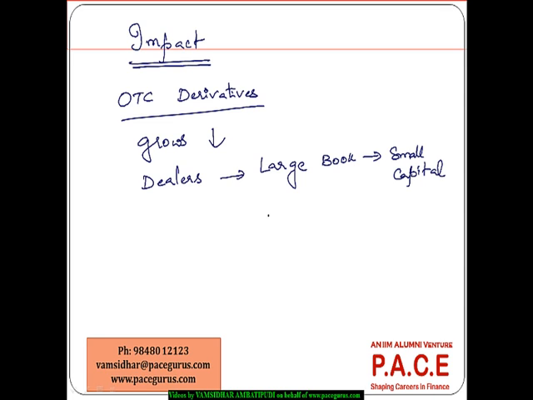Right? So it has resulted in an expansion and a greater concentration of the derivatives market. And if you typically look at the exposures, they are reduced almost by 90% because of this closeout netting. But on the downside, netted positions are more and more volatile.